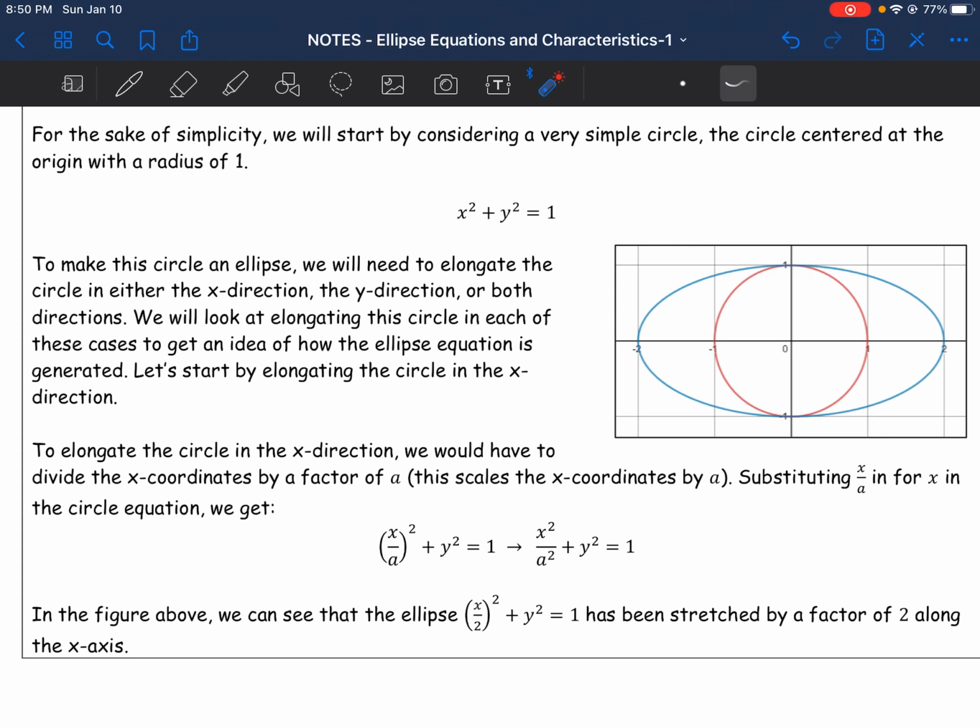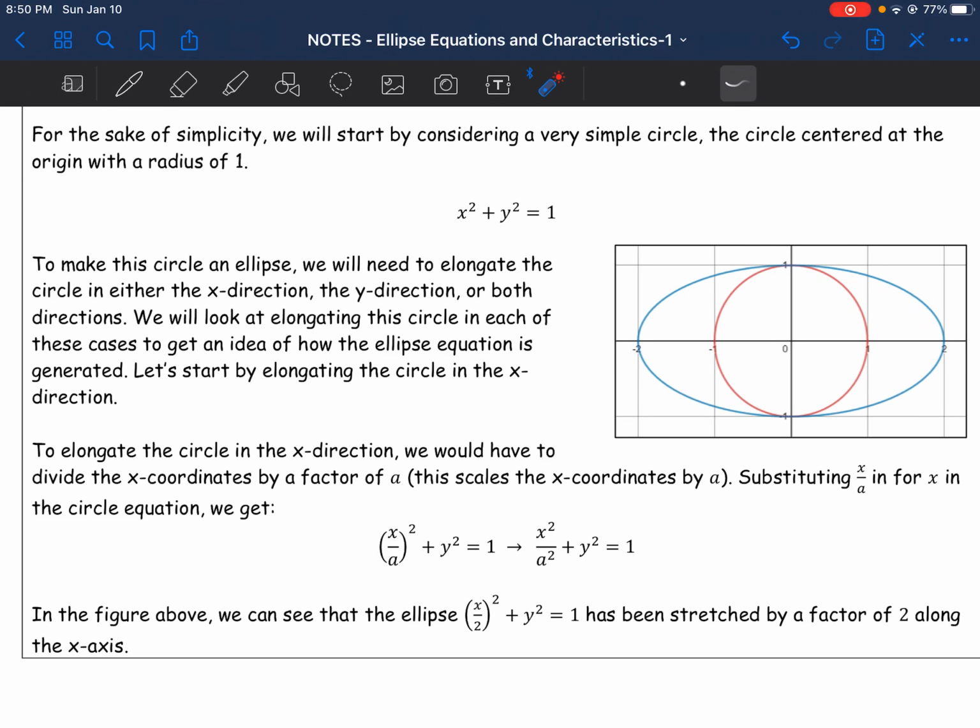So what that means is we're going to be turning all the x's into x over a's. So we're going to take our circle equation right here, x squared plus y squared equals 1, and replace the x with an x over a. Distributing the power of 2 to both the numerator and the denominator, we get x squared over a squared plus y squared equals 1.